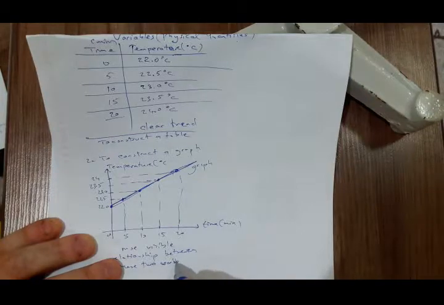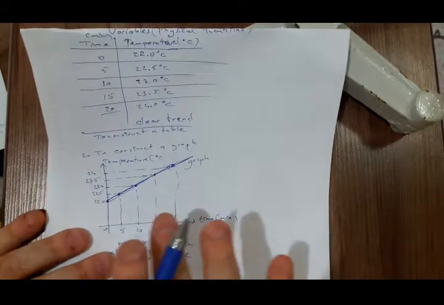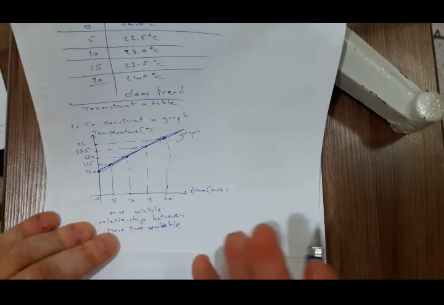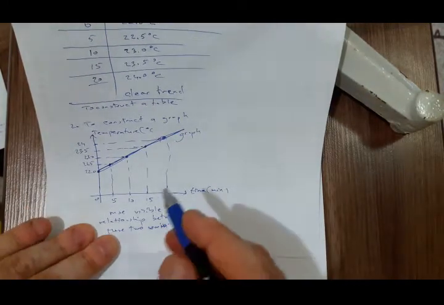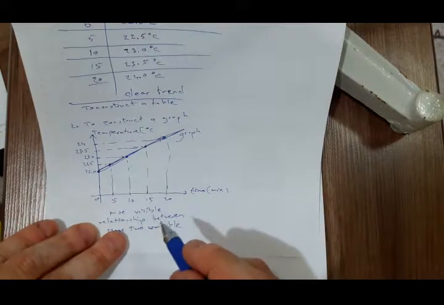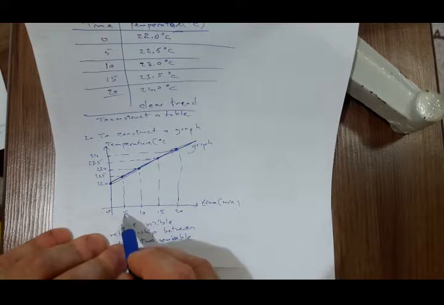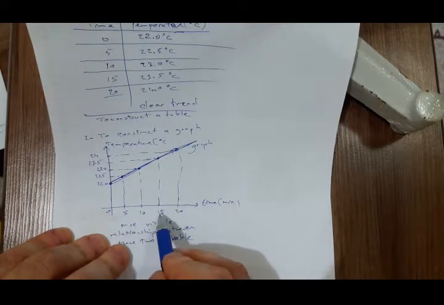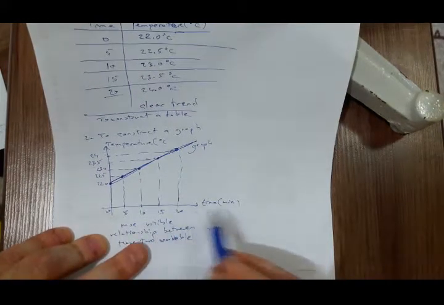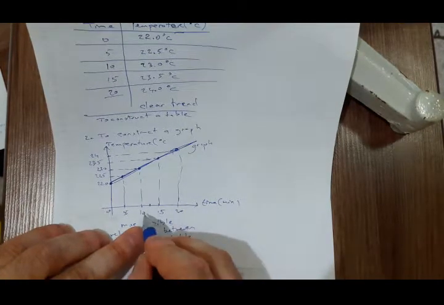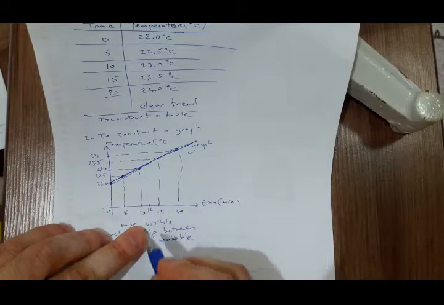Another advantage of the graph is that it lets us make estimations for times when we have no data. For example, we took data only at the 5th, 10th, 15th and 20th minute. But what about the time between these, for example, the 12th minute?